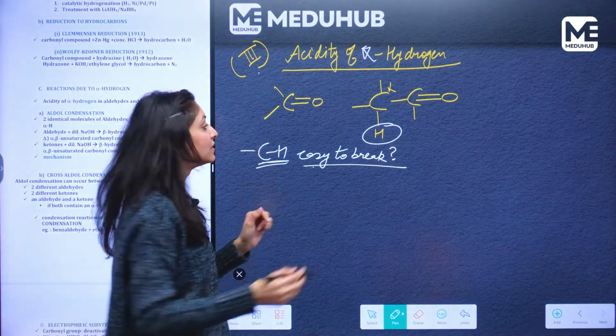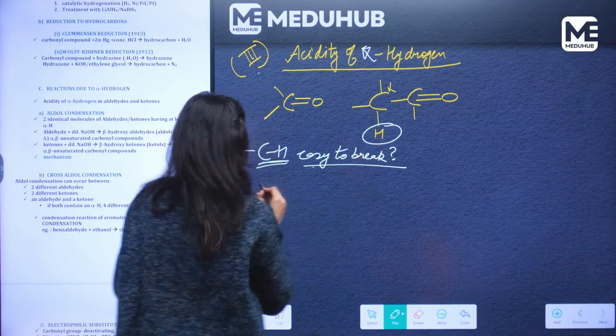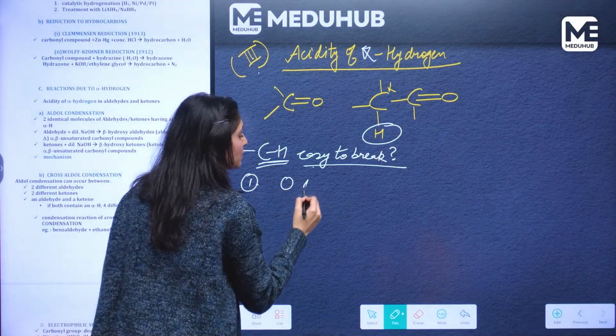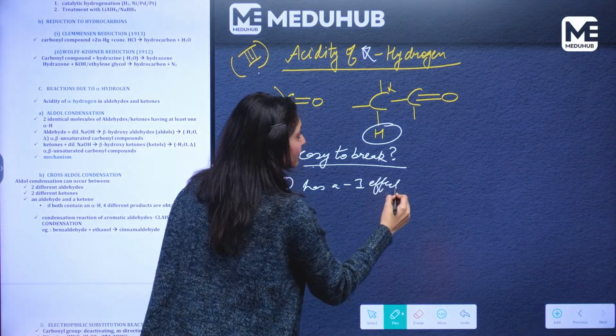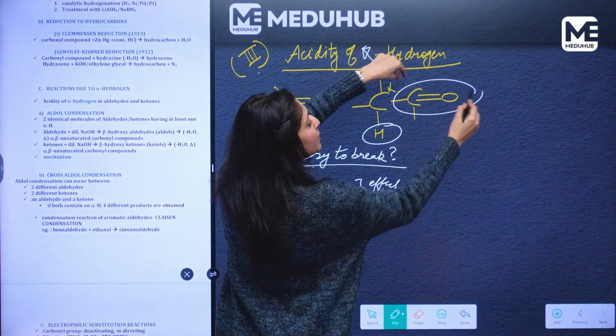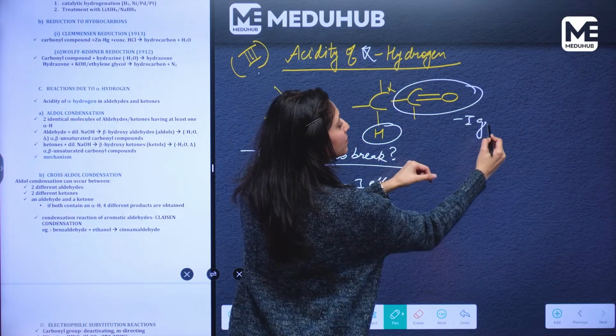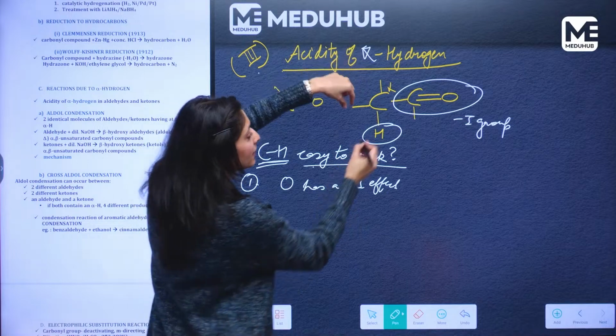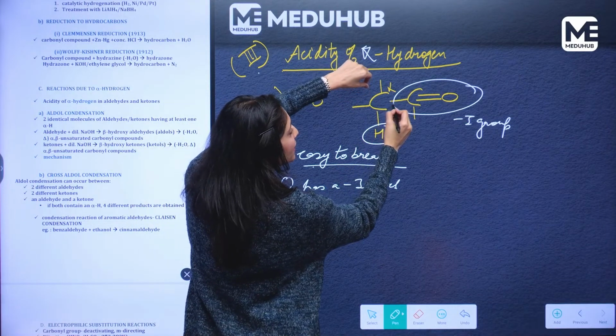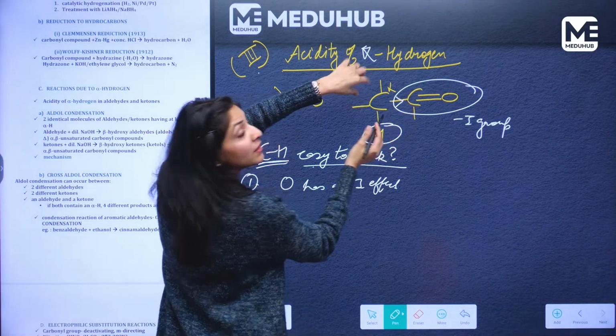The reason lies in the electronegativity of oxygen. So first, oxygen has a minus I effect because of its electronegativity. So this entire carbonyl group is a minus I group, because of which it pulls away the electron density between these two towards itself.